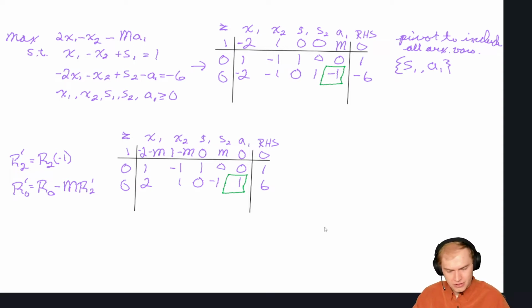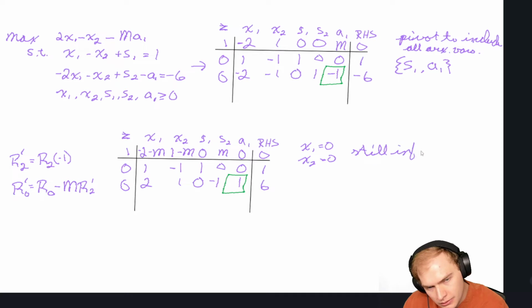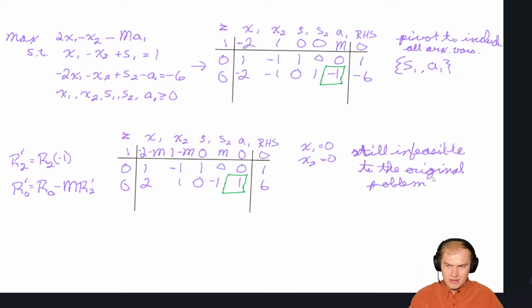We're still at the origin, so we still have x1 and x2 equals 0, which is still not feasible to the original problem. But now we can perform simplex sort of like we typically do.